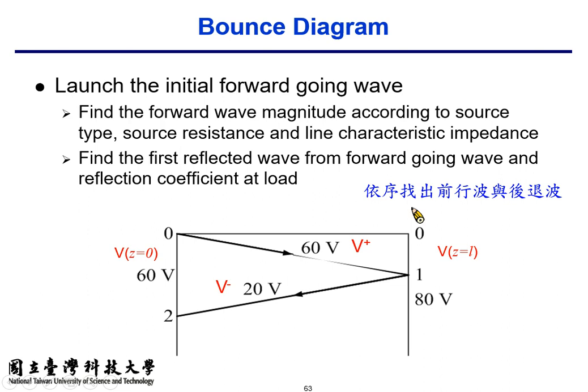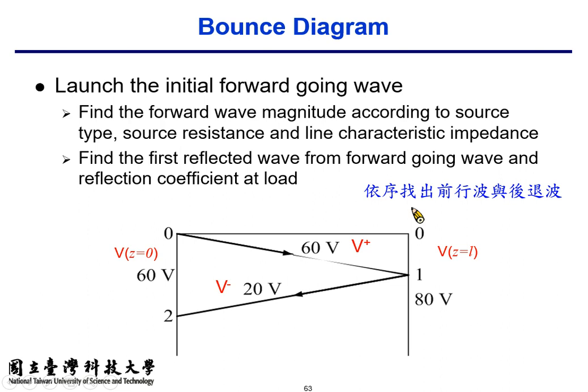And what is the reflected signal V minus? V minus will be V plus times the reflection coefficient at the right-hand side, which is 1/3, so that equals 20 volts.